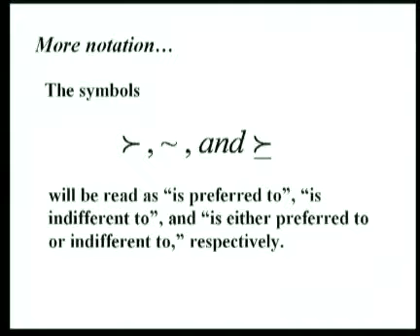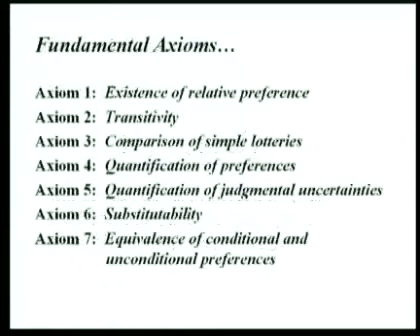We'll read the approximate sign as is indifferent to, and the greater than or equal to as is either preferred to or indifferent to, respectively. So preferred to, indifferent to, and either preferred or indifferent to. We need those because there are some fundamental axioms that we need to understand. There's 7 of them in all, and I want to go through those in turn.